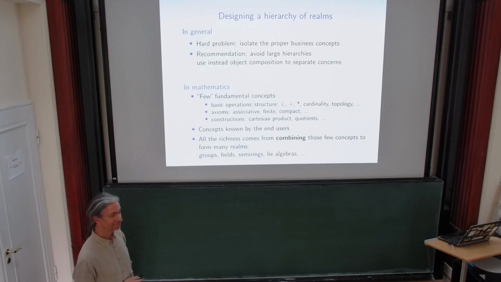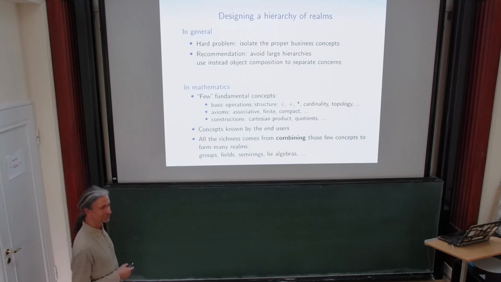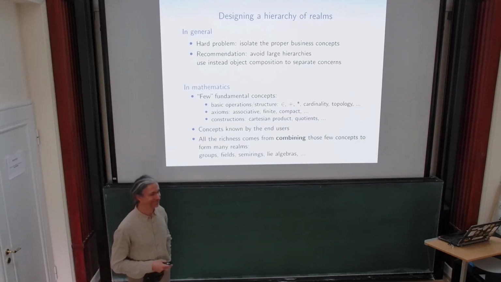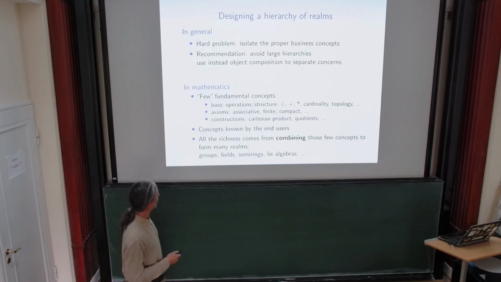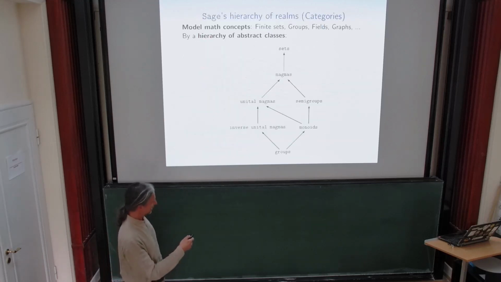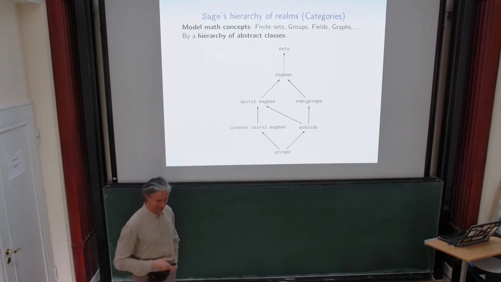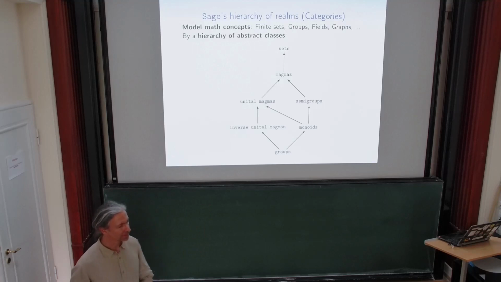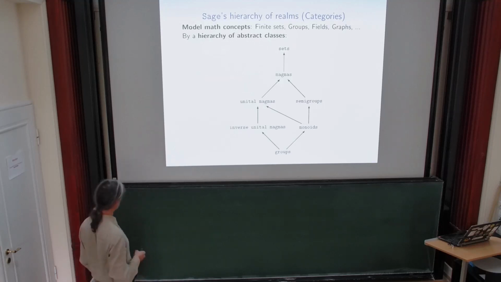Yes. So when you say concepts are known by the end users, this situation happens exactly the same in MathLab, right? We also have this giant hierarchy of the various algebra classes, and a lot of students don't know about them. They've heard about groups, and many of these end up existing because they are the meet or join of two other concepts.